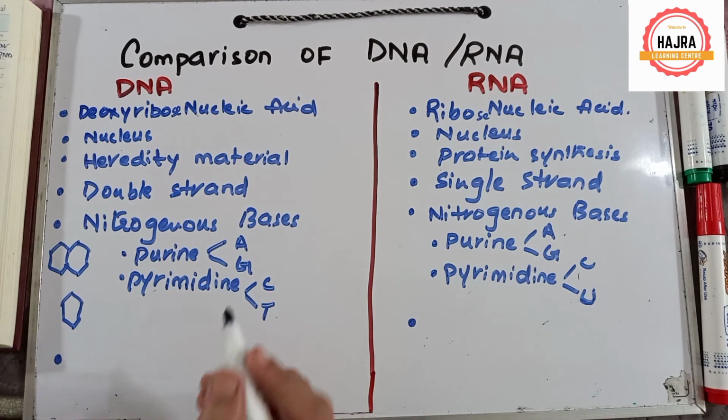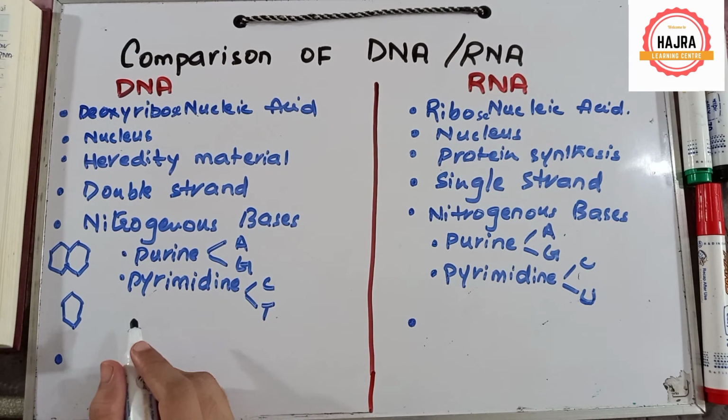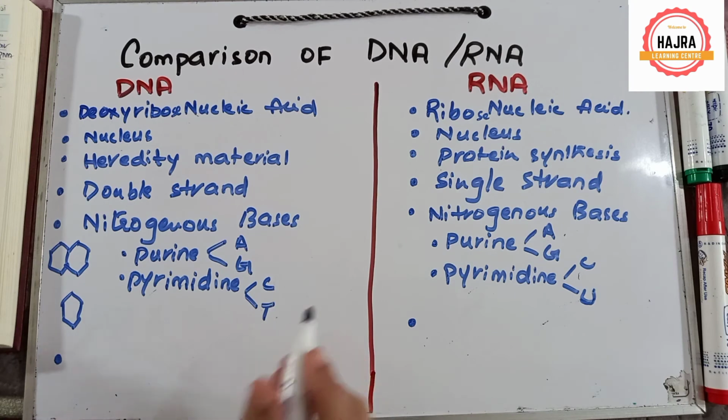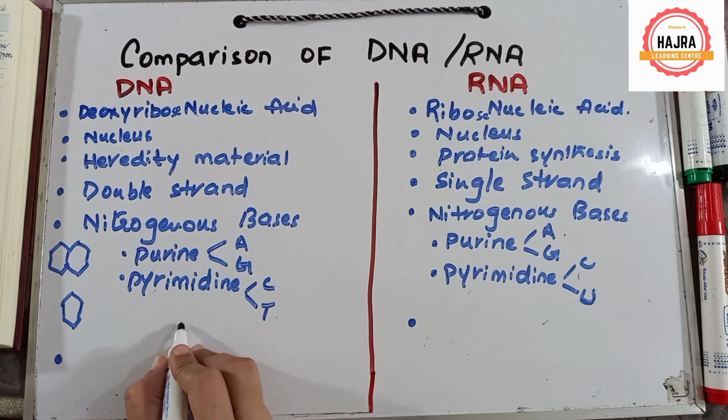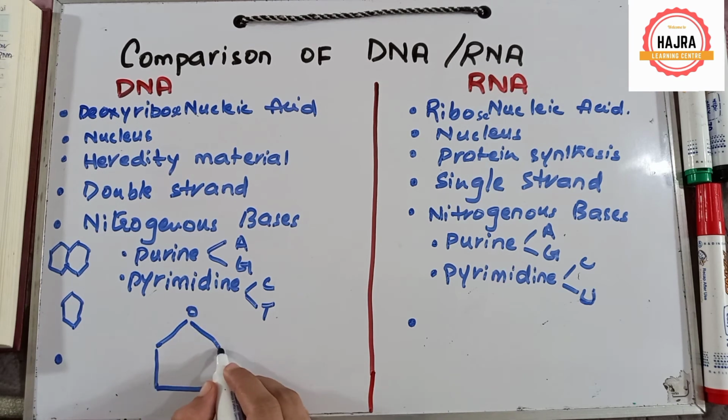Now let's talk about the last point: why do we call DNA deoxyribonucleic acid? Look at the chemical structure. There is a first carbon, second carbon, third carbon, fourth carbon, and fifth carbon.